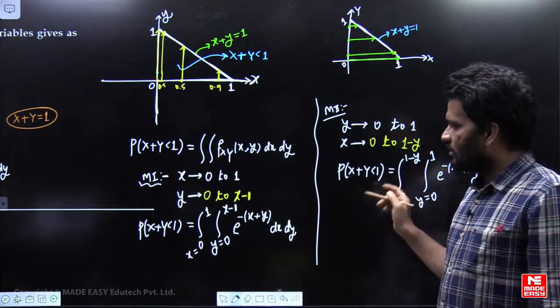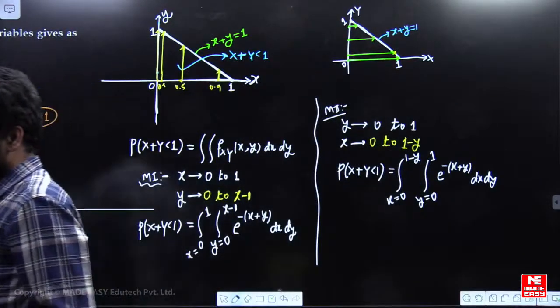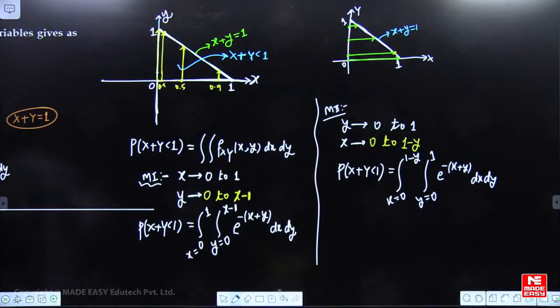So this and this both will give you the same. Saptarshi, Ishita, Sakshi are saying that it is 0.264.